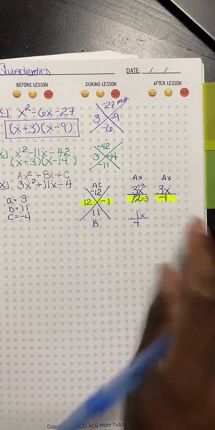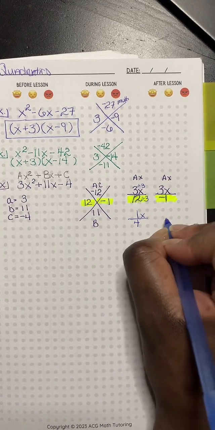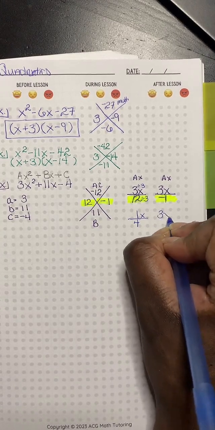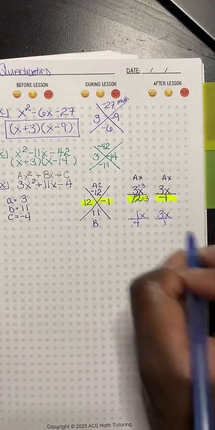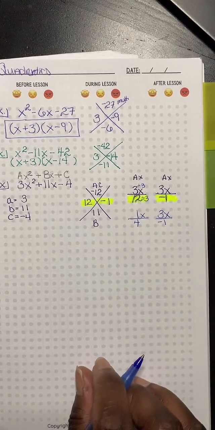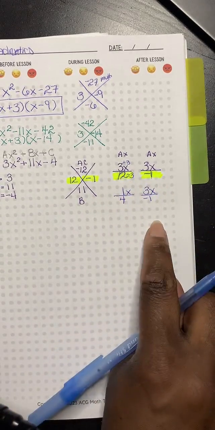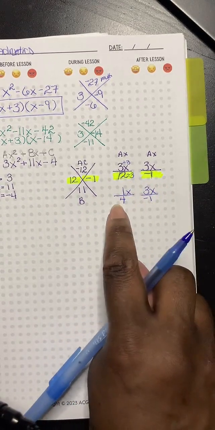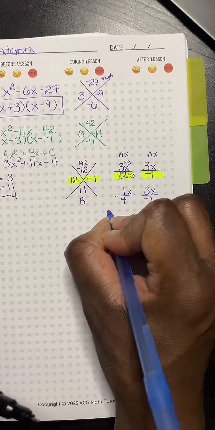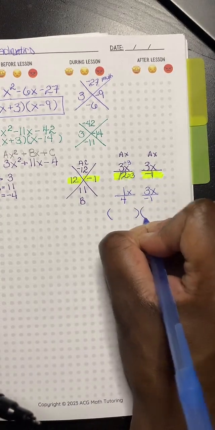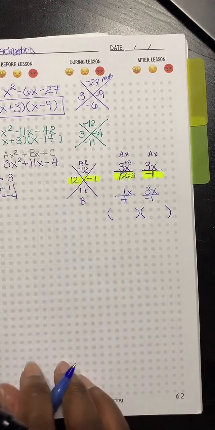This second ratio, the only thing they have in common is 1. So this is basically our answer. Each ratio is a parenthesis.